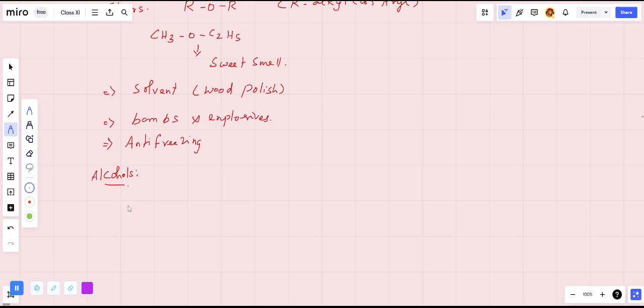So we identify the compound by its molecular structure, the OH group being the functional group. The OH bond is polar in nature.